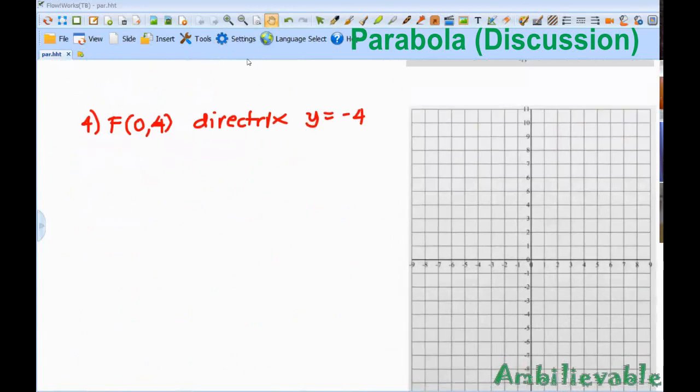So let's go back here. 0, 4. The parabola opens upward because the focus is at 0, 4. Therefore, we have x squared is equal to 4py. So x squared is equal to 4 times 4 times y.